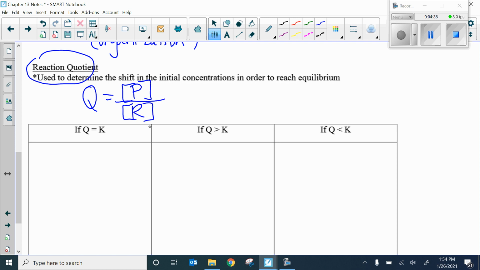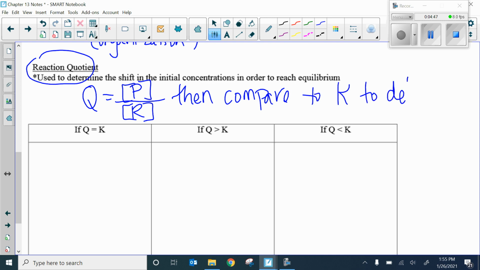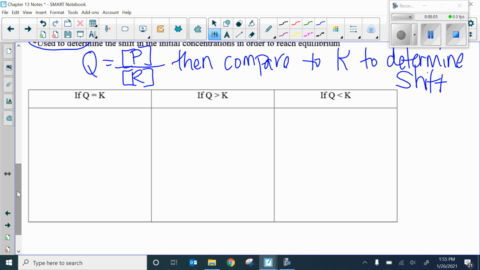We will get our value and then compare to K to determine the shift. And we'll be doing some problems to figure this out. Well, if I have all my products and reactants and I figure out what Q is and they are equal, hopefully you are saying, oh, I must be at equilibrium. So there isn't going to be any shift in this equation.